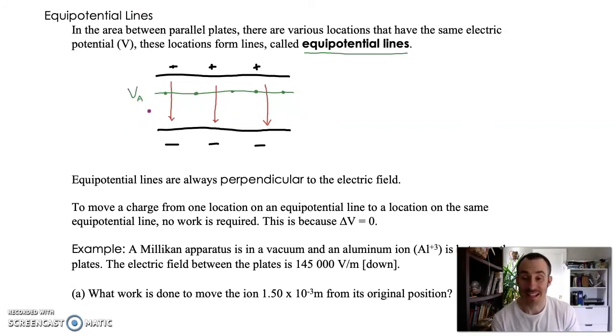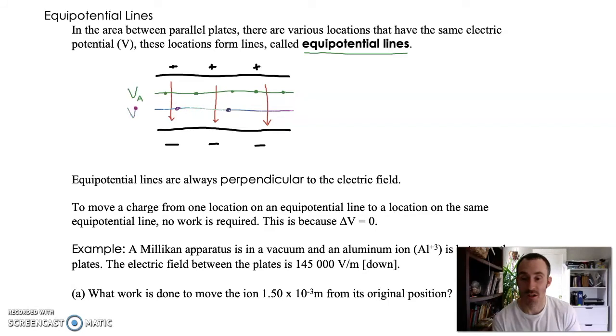Now let's draw a second line right there. Now the same thing is happening here. Moving a charge from here to here does not change its electric potential energy at all. It just changes its lateral location. So each position on this line also has the same voltage.